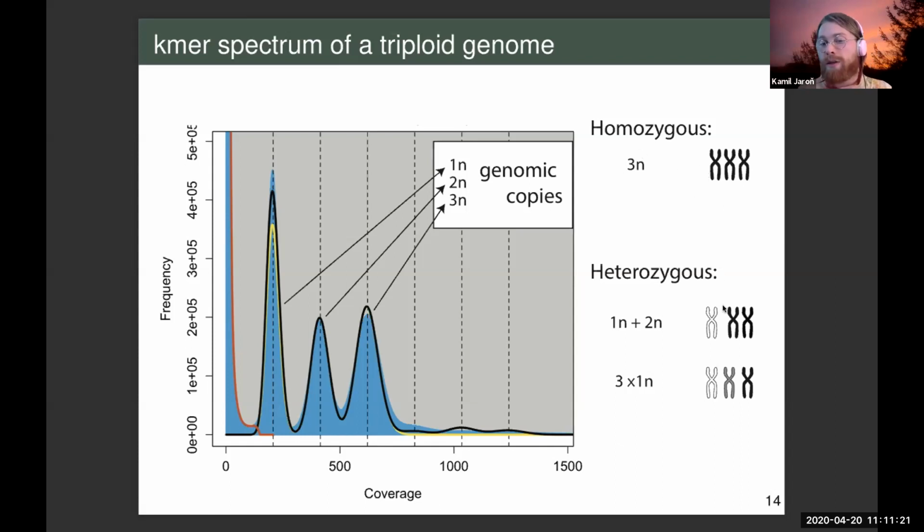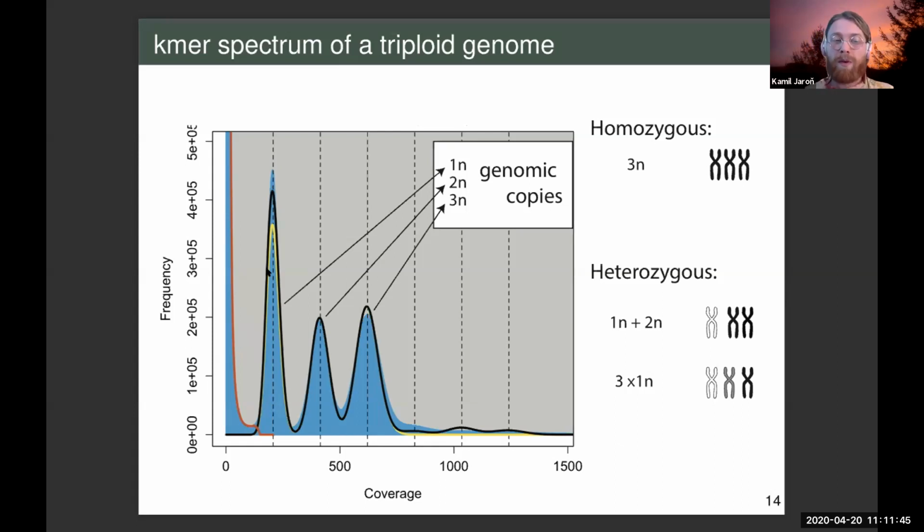We have heterozygous Kmers that are biallelic. So that would have 1 Kmer that is haploid or monoploid, and 1 Kmer that is diploid, so 1n and 2n. And then we also have loci that are 3 allelic, that have 3 different states in all 3 genomic copies, and these will just generate 3 different Kmers that will contribute to this first peak.